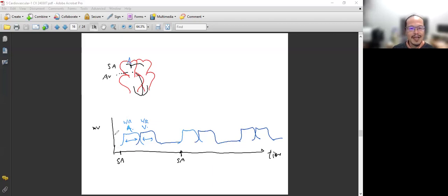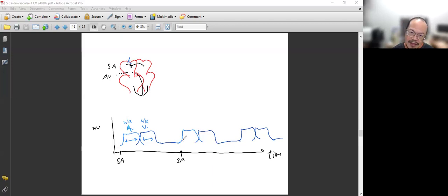Then what we are going to extend from here is this. When you have the atrium, say resting, during the resting time there is no voltage change. Everything is peaceful, nothing changes. But when the SA node sends out a signal, the atrium will generate action potential.